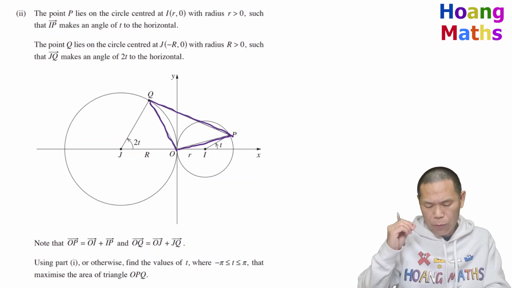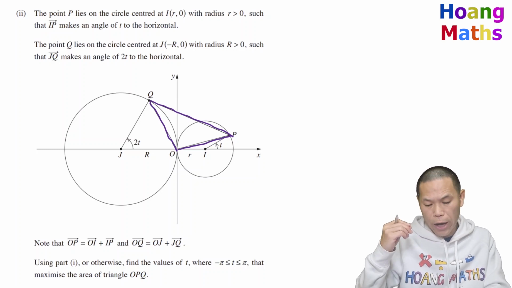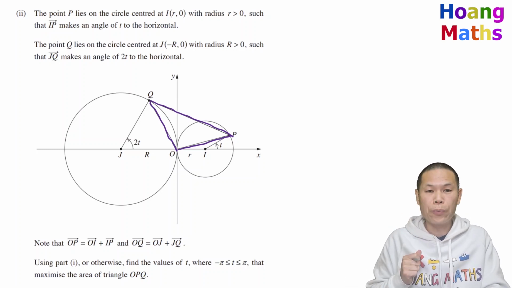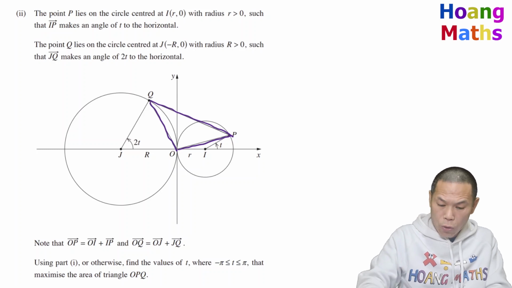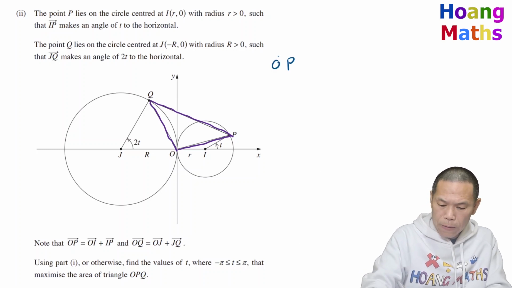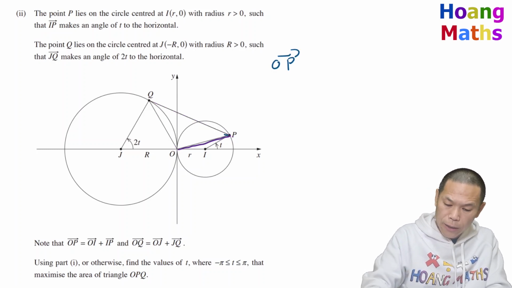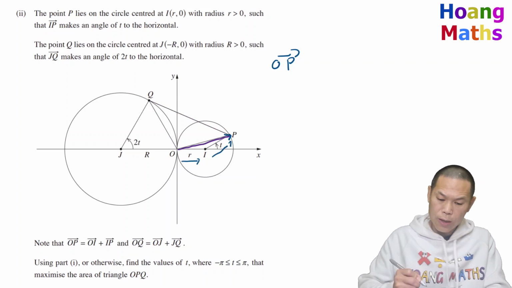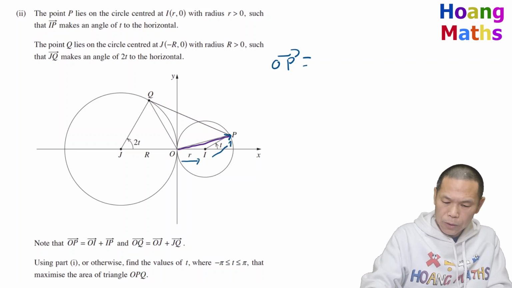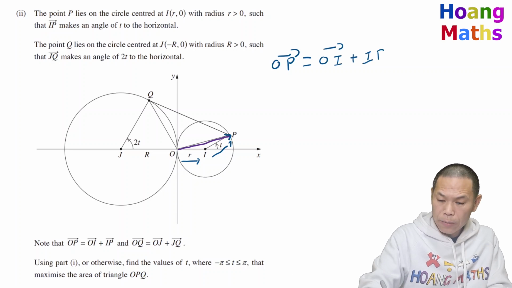Then we can find the area of triangle OPQ. And we know that OP, let me clear this, vector is OI plus IP.